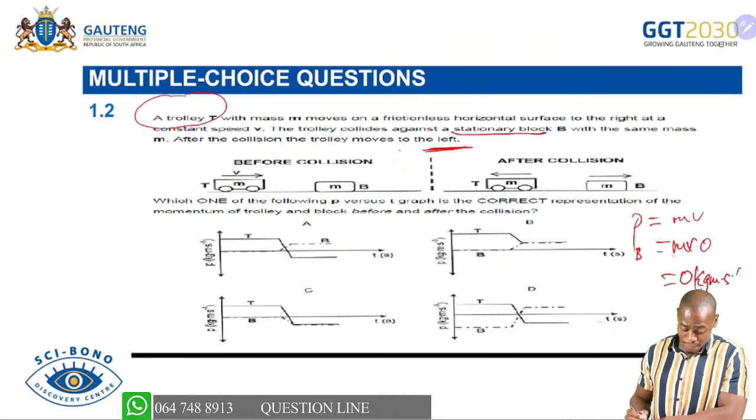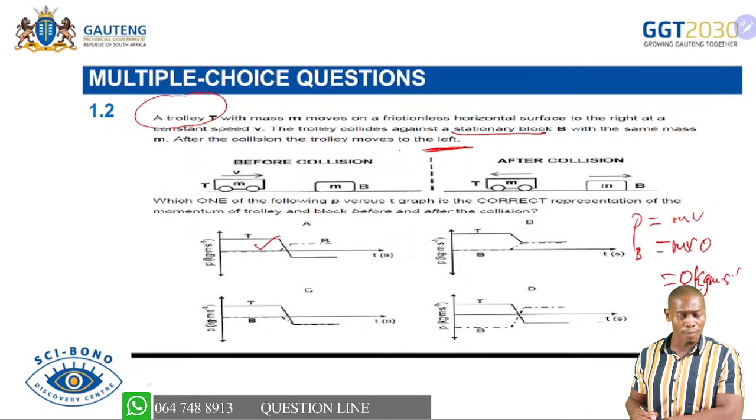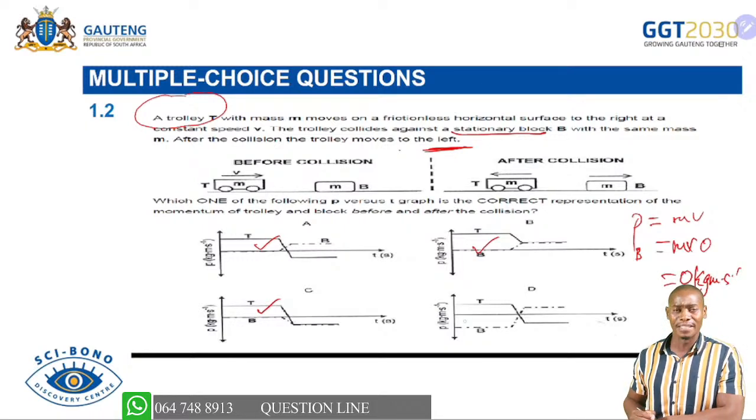So let's check from all these graphs, or from all these options. For option A, this is correct. Look at the initial momentum of B. You can see it's 0. Initial momentum of B is 0 for option B. Initial momentum of the block is 0 for option C. But look at the initial momentum of the block for option D. Can you see here, it's not 0?